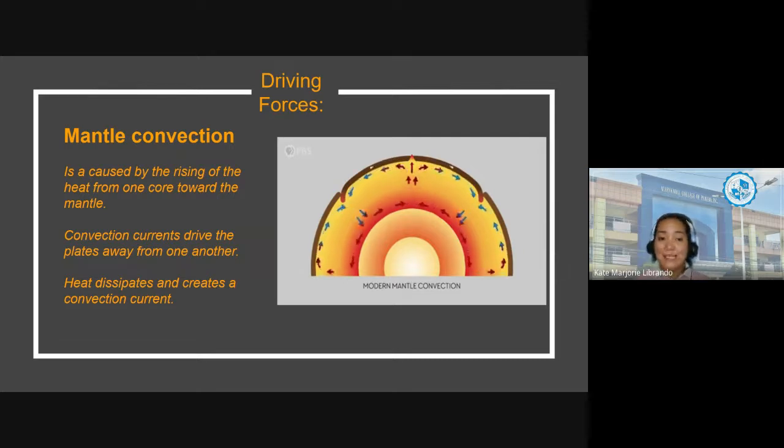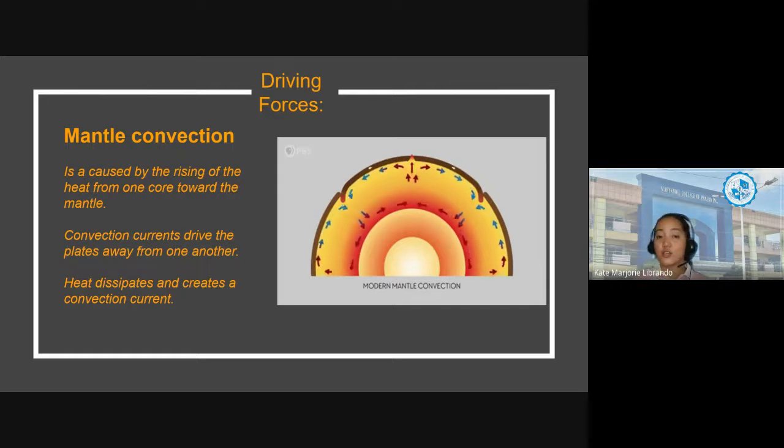Now, this convection creates a circulation, right, in which hot particles tend to go up, cold particles tend to go down, and it repeats. It creates a cycle or circular motion. That circular motion creates a convection current.